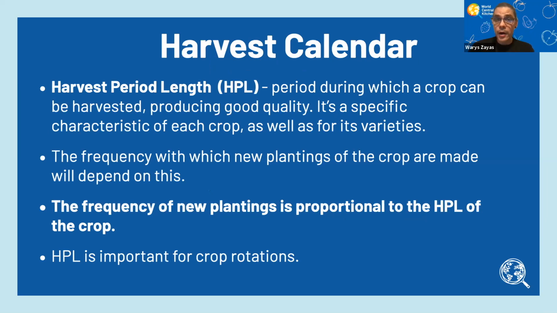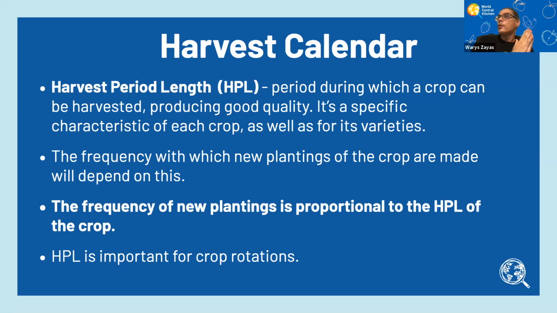To set our harvest calendar, one concept we need to keep in mind is harvest period length. Harvest period length, or HPL, is the period during which a crop can be harvested producing good quality. It's a specific characteristic of each crop as well as of its varieties.